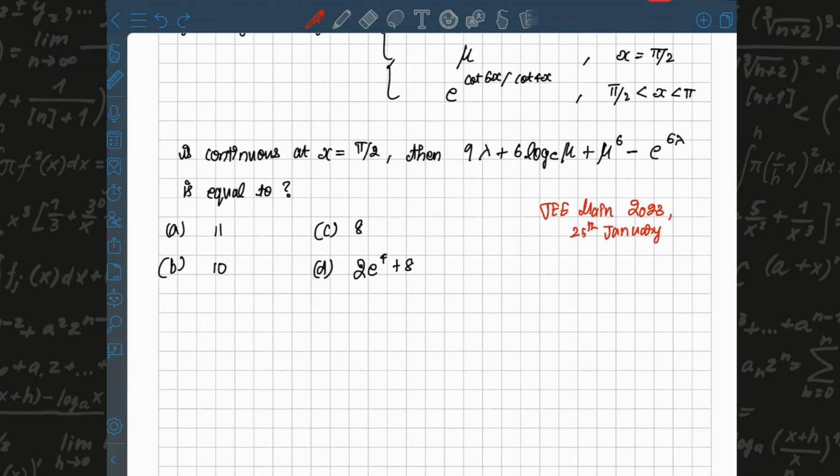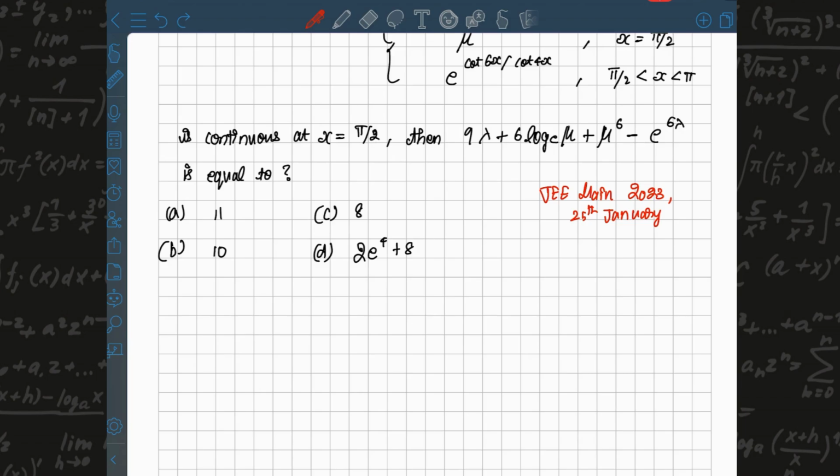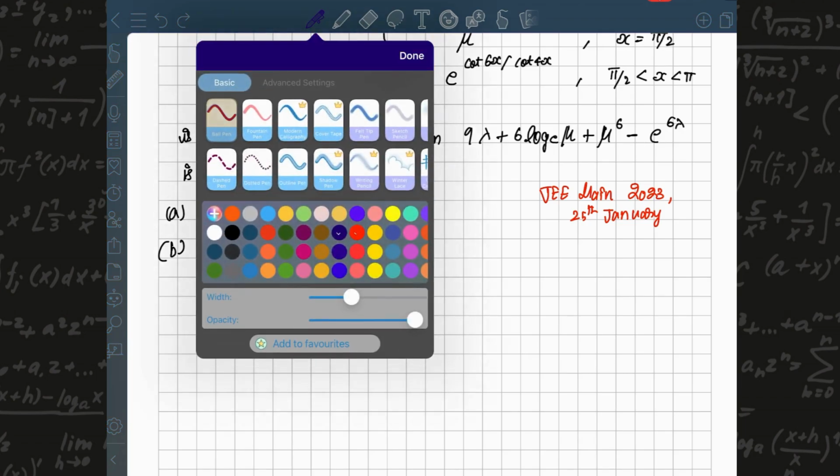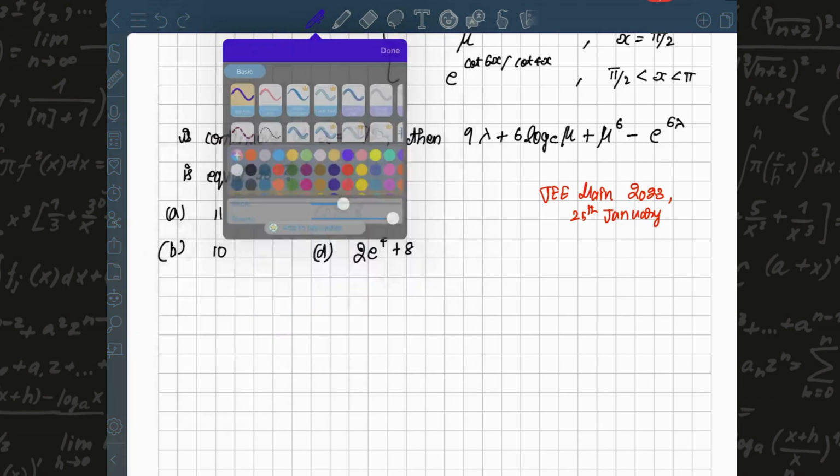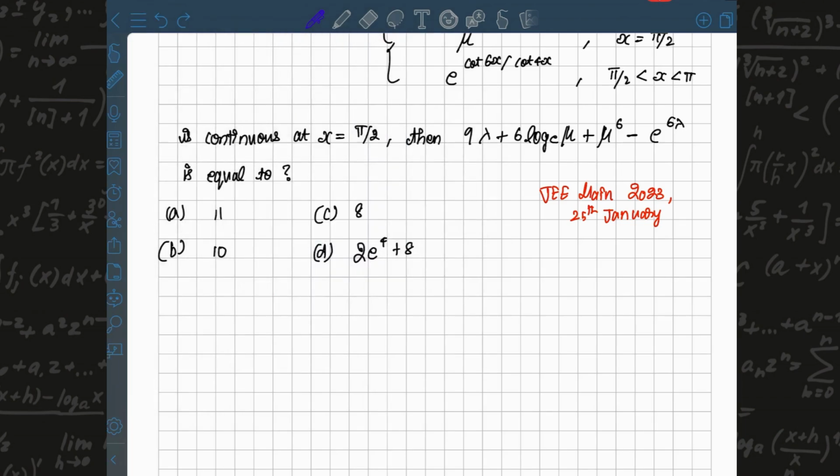Okay, so we already know that, if it is continuous at x equals pi by 2, then LHL should be equal to f of pi by 2, and it must be equal to RHL. This is the fundamental thing which you have to understand.